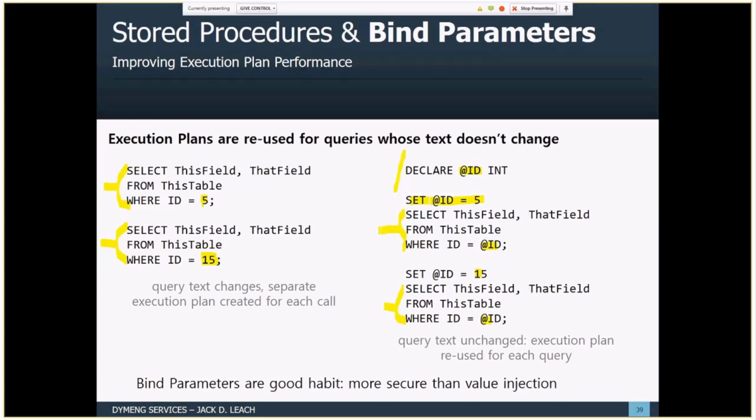But because the query text itself, the instructions, is identical, even though we're putting in a different value, it'll go ahead and reuse that existing execution plan most of the time. For very large and complex queries, it doesn't usually make a huge difference, but sometimes you really need to squeeze it for all it's worth, so to speak.